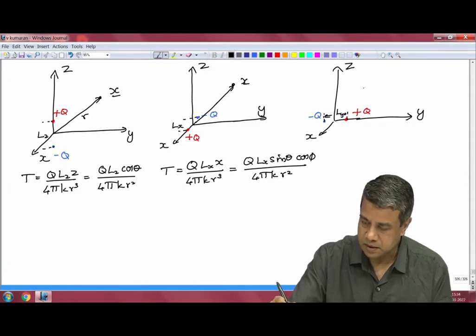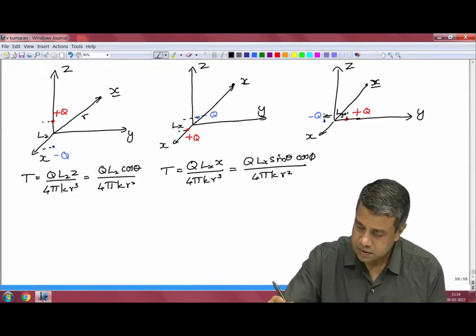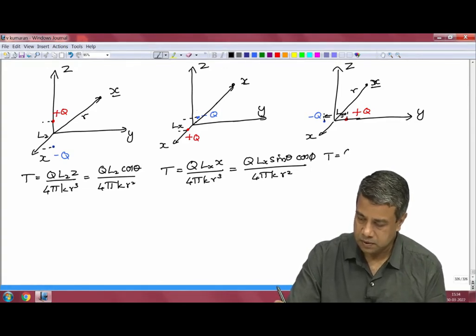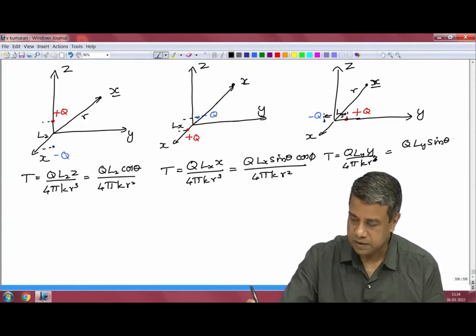Separated by distance Ly, observation point x, distance r. The temperature will be equal to q Ly y by 4 pi k r cubed. y is r sin theta sin phi.